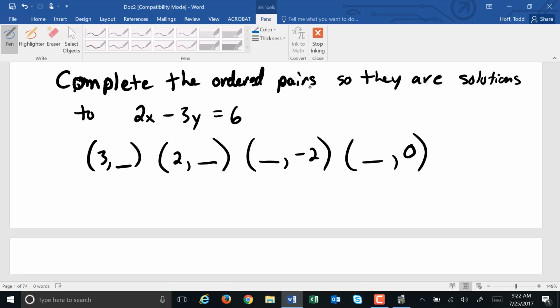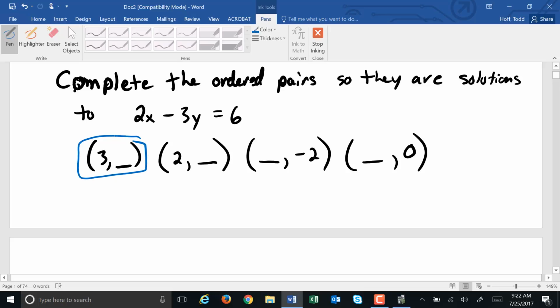Well, remember, that ordered pair, if it is a solution to this equation, has to make that equation true. The 3 here, does that go in for x or y? X, because it's in the first part of the coordinate.